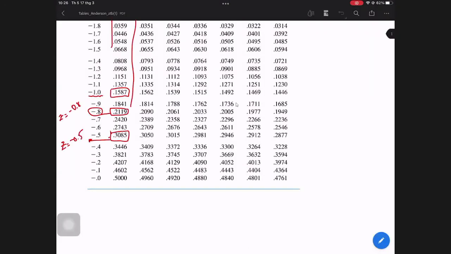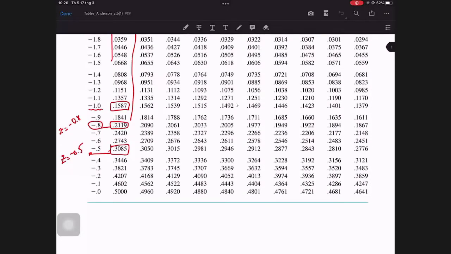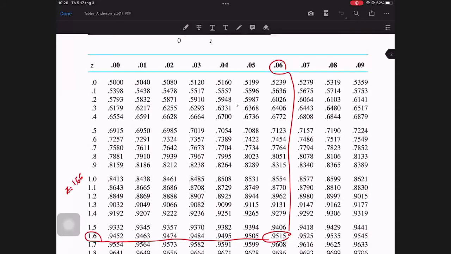All you need to do is find the probability that is equal to 0.8. So we'll just move along here until we see 0.8. Just remember that sometimes we cannot find the exact value of 0.8 as a probability. If we cannot find the exact value, we find the value that is closest to it.